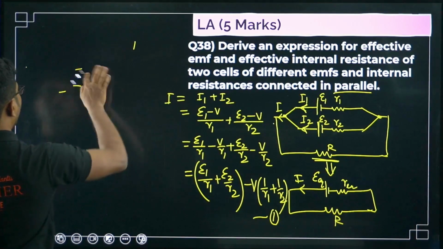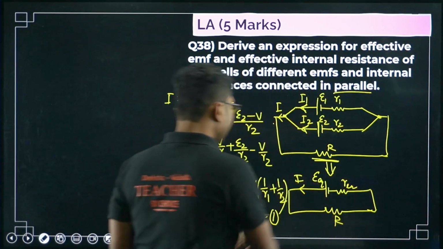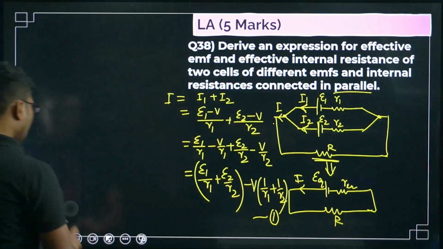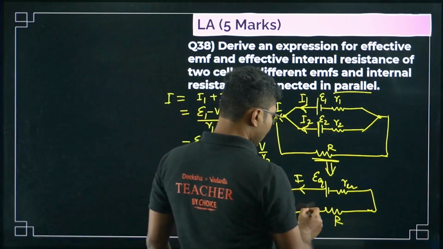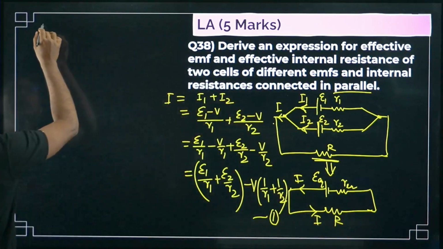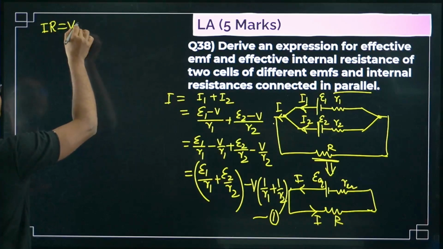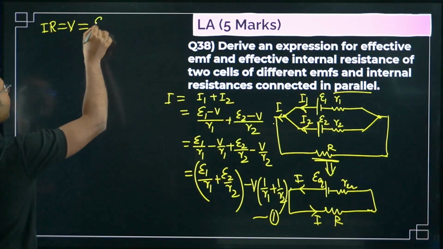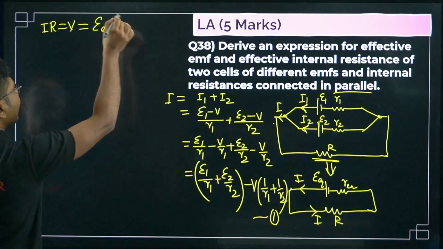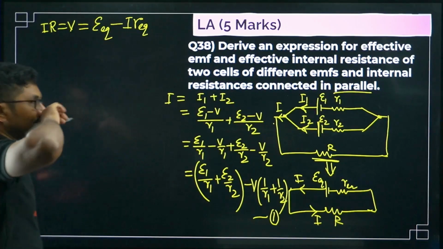So in the equivalent case, IR is the same. I into R, which we named V, should be equal to epsilon equivalent minus I into R equivalent, right?